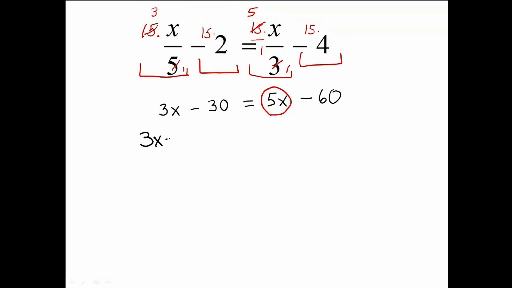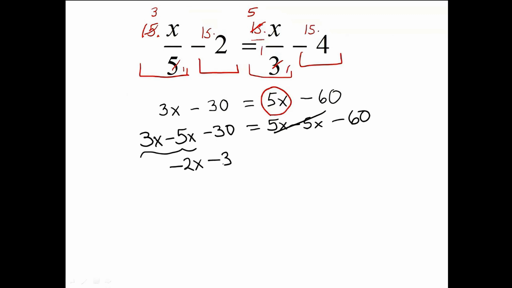So I'm subtracting the 5x from both sides. This one will cancel. That was our plan. And these will combine. That will give us a negative 2x minus 30 equals negative 60.